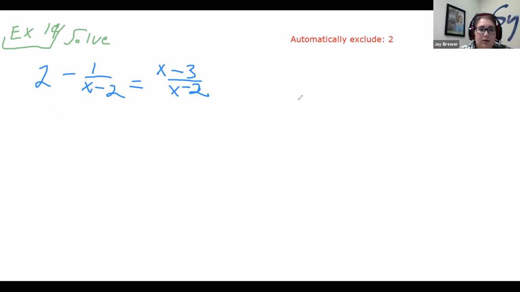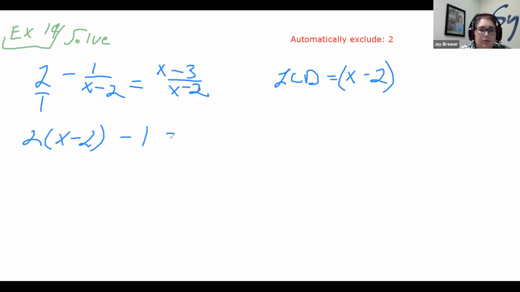So let's go ahead and figure out our LCD. I think everyone can know at this point that our LCD is going to be x minus 2. So we're going to multiply everything by our LCD. That just means we get 2 times x minus 2 minus 1 equals x minus 3.